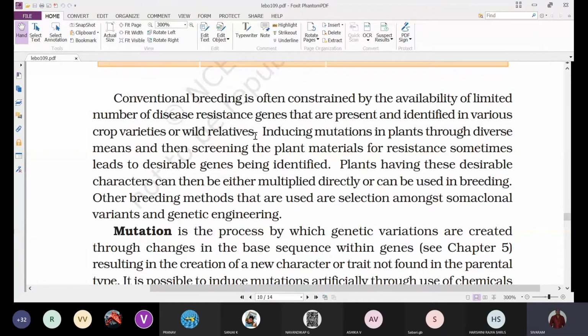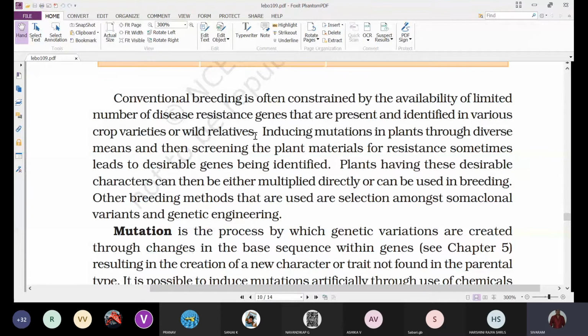Other breeding methods that are used are selection amongst somaclonal variants and genetic engineering. There are other ways by which we can develop new varieties, that is by somaclonal variants, somatic hybridization.